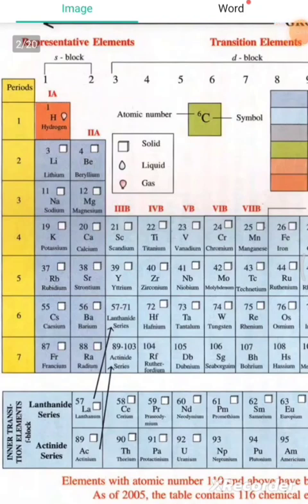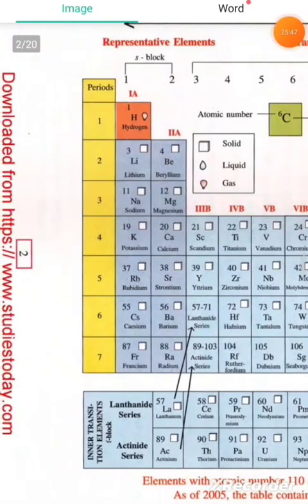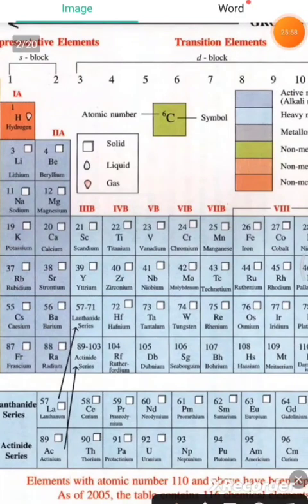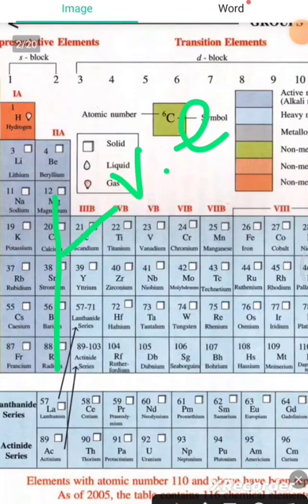Like see group 1A. Group 1A means every element of group 1 is having valence electron only 1. Group 2A means every element of group 2 is having valence electrons, I am talking about valence electron, that is 2, not valency.